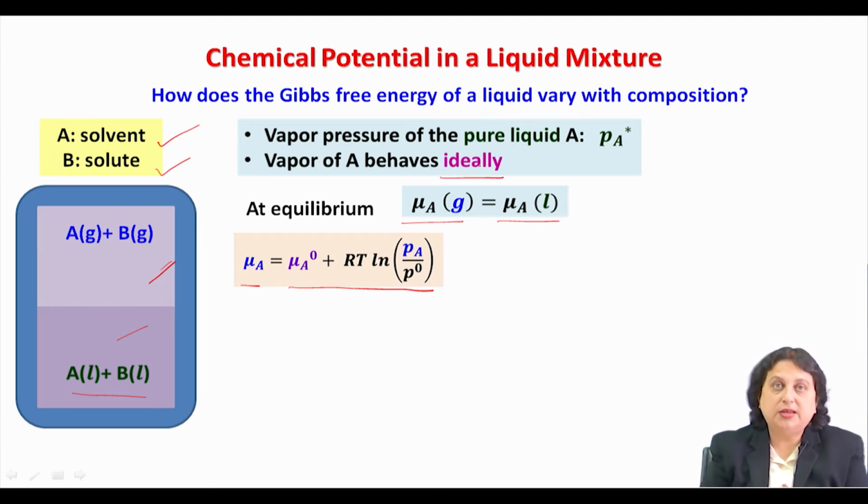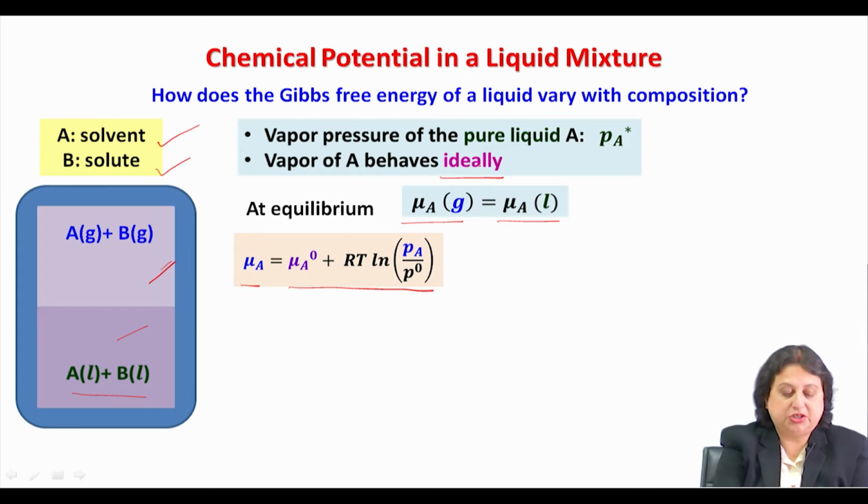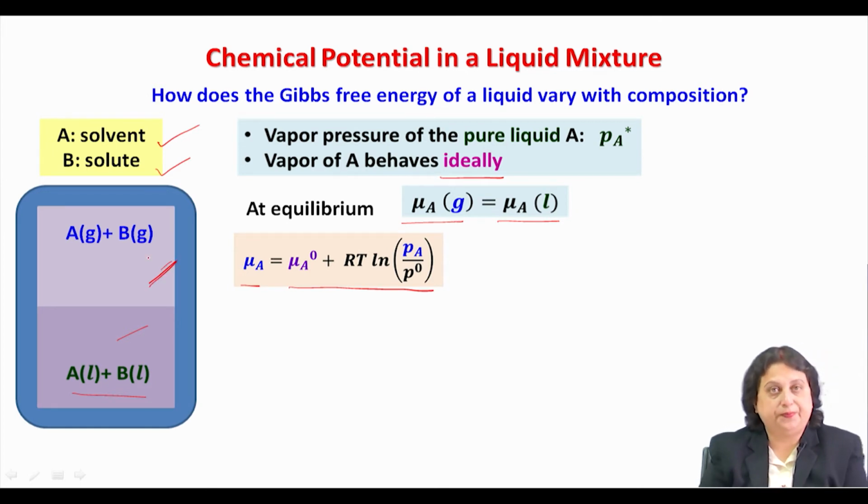And therefore, here I am assuming that PA is the partial pressure of the component A in the vapor mixture A plus B. And what is P naught? P naught is the standard pressure of 1.0 bar.